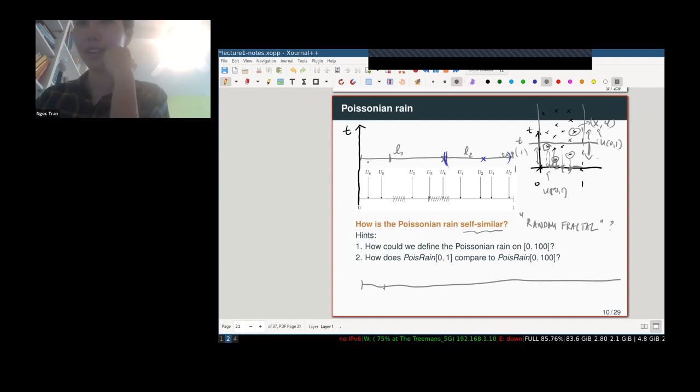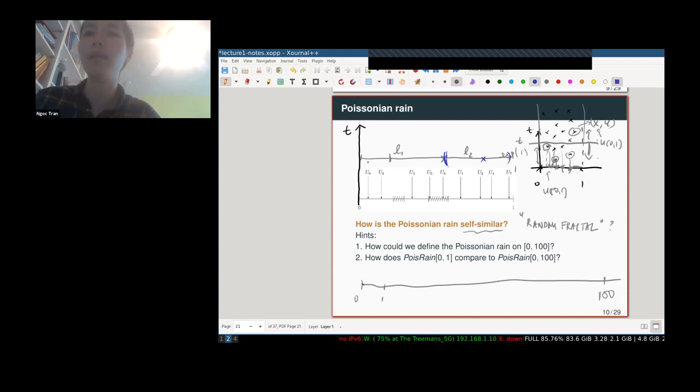But let me make it a little bit more precise. A good way to think about it is, we started with this interval [0, 1], and the moment we broke it up, we had intervals of some other lengths. But we didn't have to start with an interval of [0, 1]. Maybe we could have started with an interval of length 100, and defined it the same way.